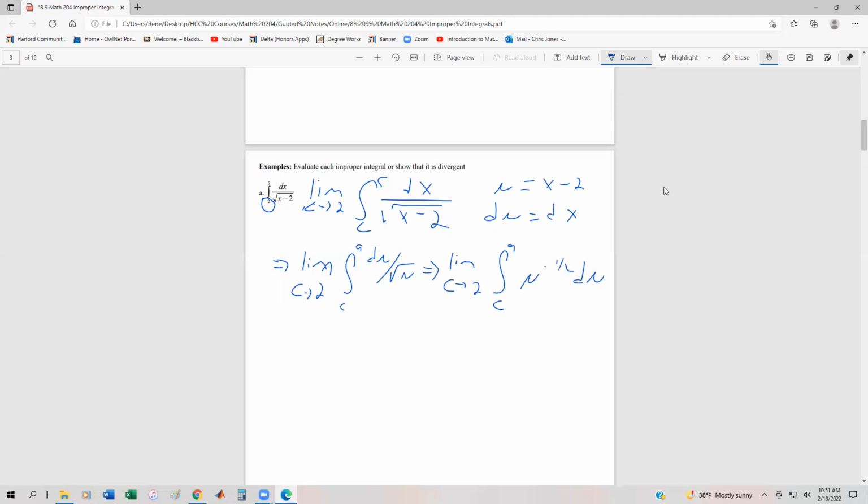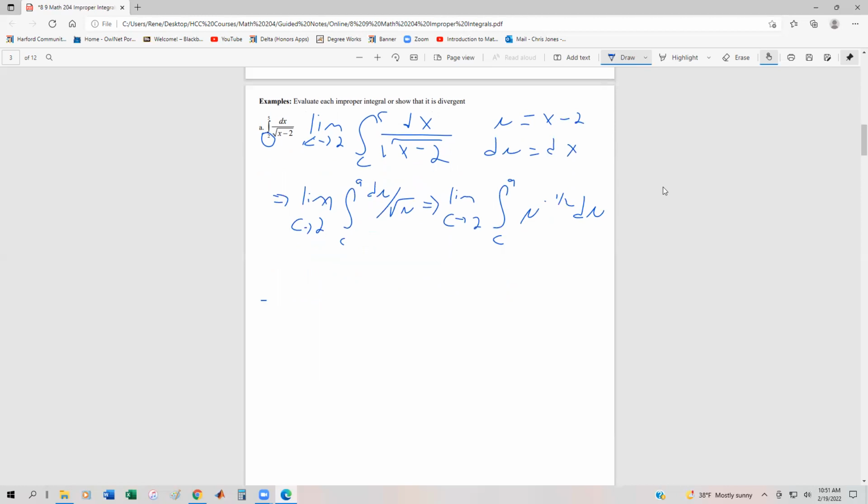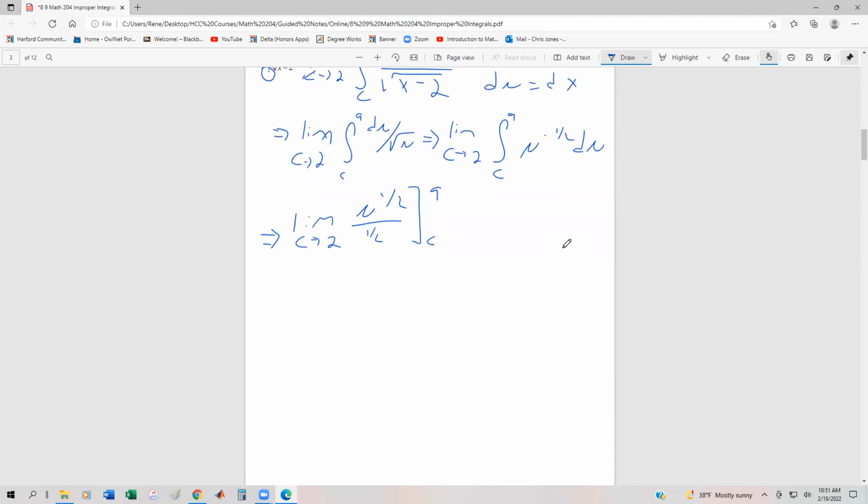Now we evaluate the integral: we add 1 and divide by the new exponent. So we still have our limit as c approaches 2, and we get u to the 1/2 divided by 1/2 from c to a. Then we back substitute.